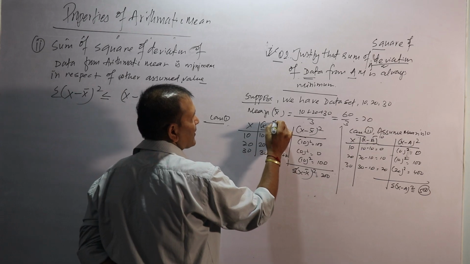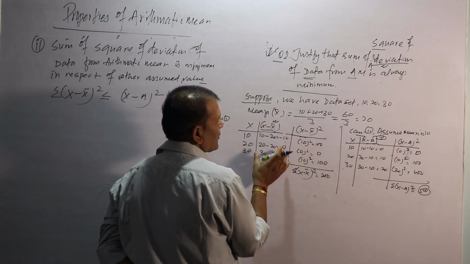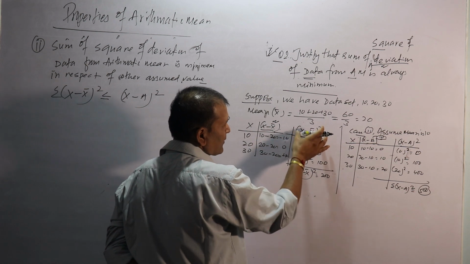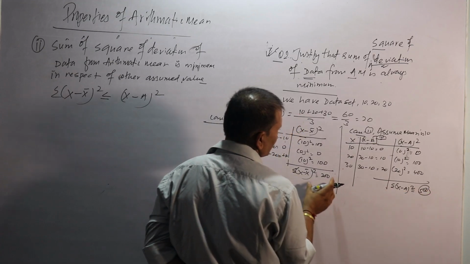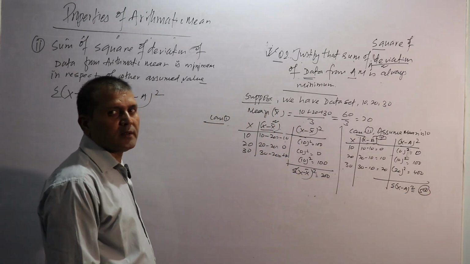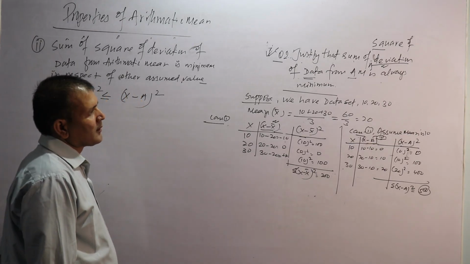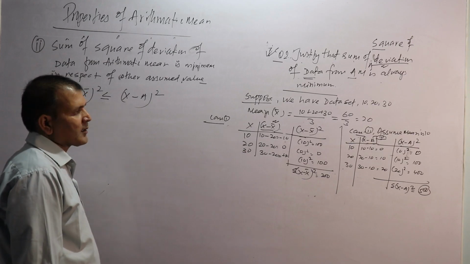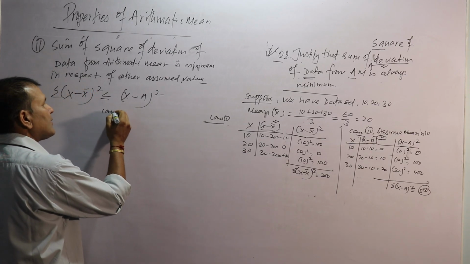So what you see is that from the arithmetic mean, the sum of squares of deviation is only 200. Here, from the assumed mean 10, the sum of squares of deviation is 500. So you can justify that the sum of squares of the deviation is always minimum from the arithmetic mean. You can also take case number 3.